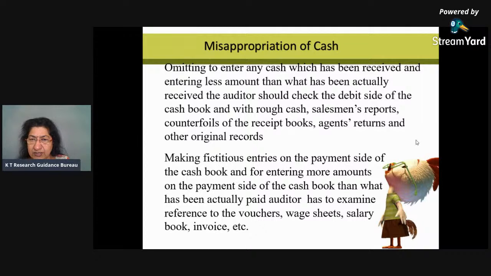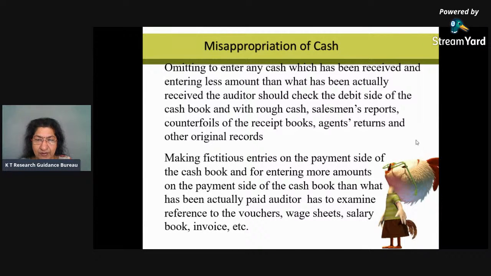In this case, the auditor should check the debit side of the cash book with rough cash, salesman's report, counter folios of the receipt books, agent's returns, and other original records. Then he can verify this misappropriation.